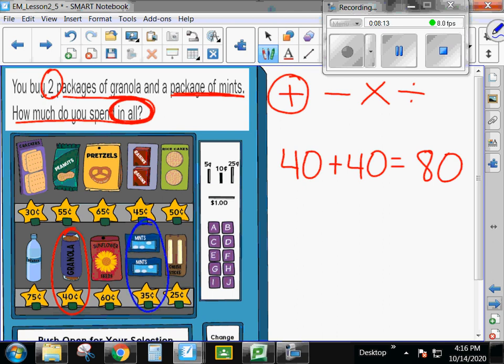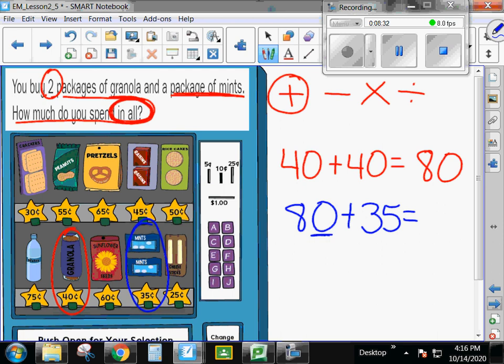Then you bought a package of mints. Here's the package of mints. So I know I already spent 80 cents plus the 35. Okay, if you don't have this part figured out, pause the video. All right, this is easy math. It ends with a 0.